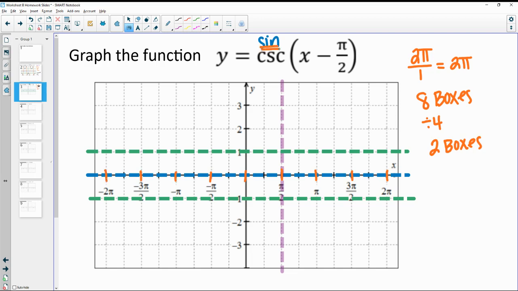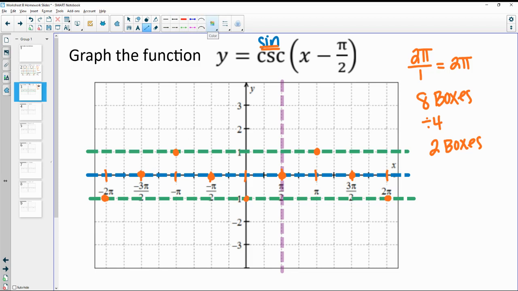Then our sine function starts at a middle. So now we'll just plot these critical points. Sine goes middle to a max, back to a middle to a min. Then back, min, middle, max, middle, min.